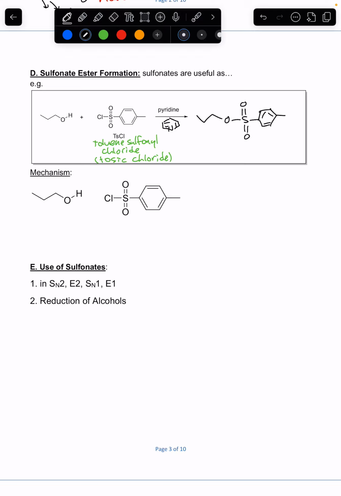Okay, now of course this alcohol can be converted to this tosylate, which often is abbreviated like this. That's the same thing.